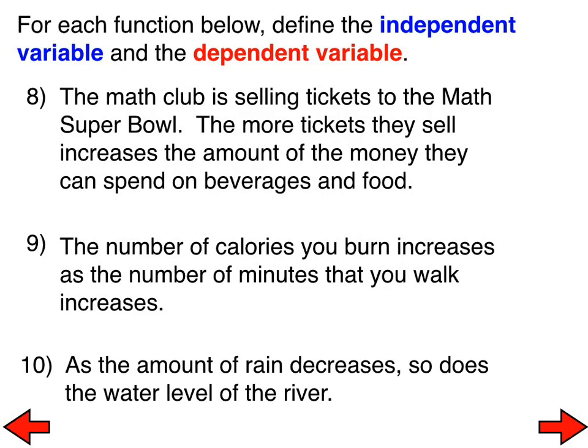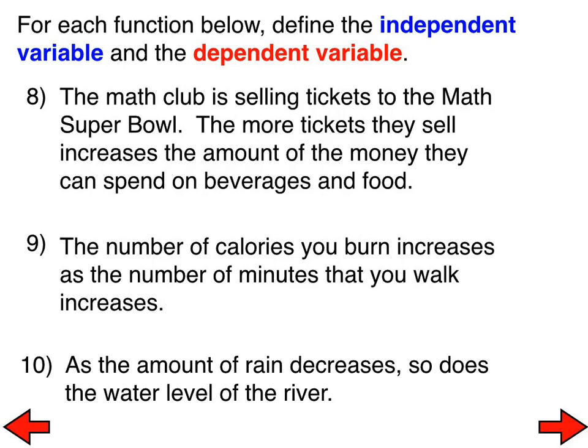So number 8, the math club is selling tickets to the math Super Bowl. The more tickets they sell increases the amount of money they can spend on beverages and food. So we've got two situations there. Money coming in and selling tickets. Which one of those is the dependent variable? Yes?